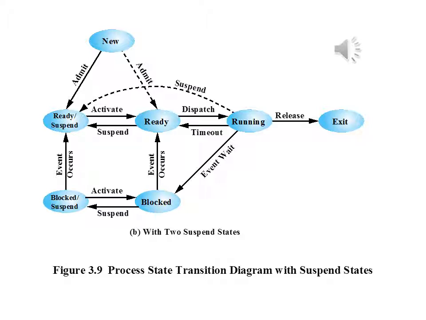Several other transitions that are worth considering are the following: new to ready suspend and new to ready. When a new process is created, it can either be added to the ready queue or the ready suspend queue. In either case, the operating system must create a process control block and allocate an address space for the process.